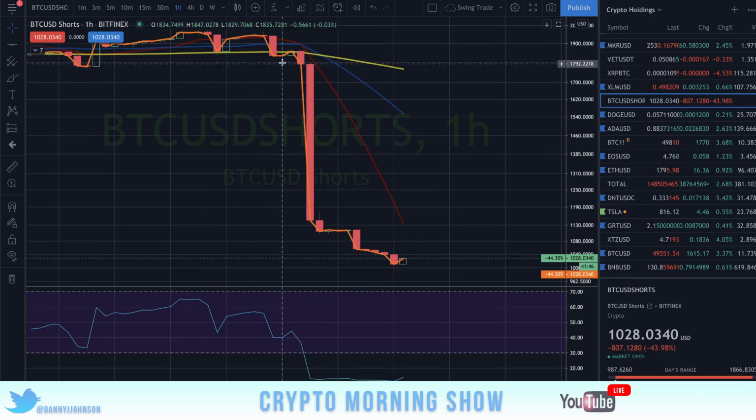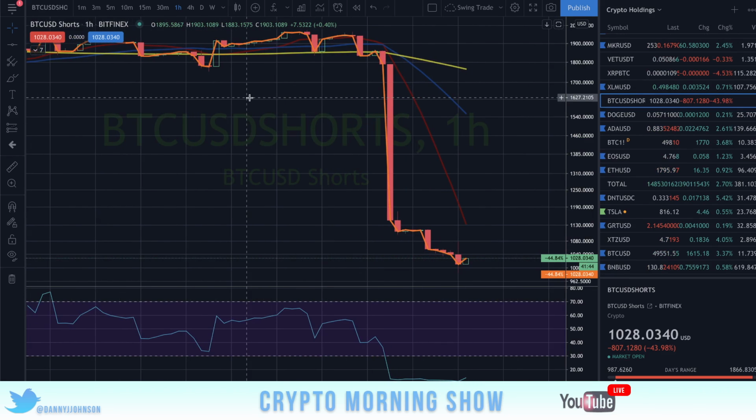Yeah, this is like, ouch. So basically, you can see they covered mighty fast. This particular one may have been even a short squeeze where someone got caught, covered, and that's where. So that would have been painful right there to be short.